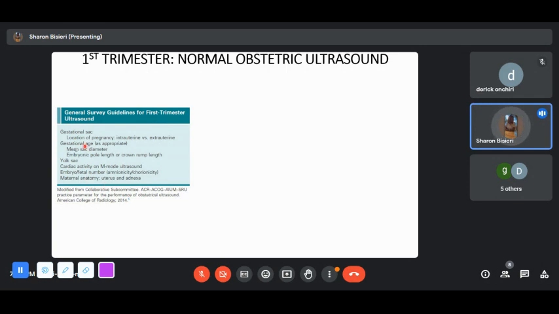Then from the gestational sac, we should be able to calculate the gestational age by getting our mean sac diameter, or preferably the crown rump length, which is more accurate. And then after that, you need to tell where the yolk sac is and how the yolk sac appears. And then we should be able to calculate the cardiac activity using the M mode on the ultrasound.